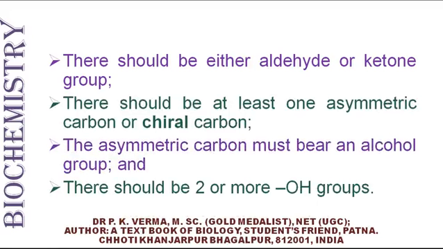So if any compound has only one, two or three properties, not all the four properties, it will be not regarded as a carbohydrate. Chemically, the sugar group can react to show properties like carbohydrate, but it is not truly a carbohydrate.